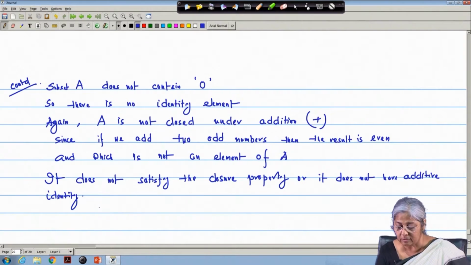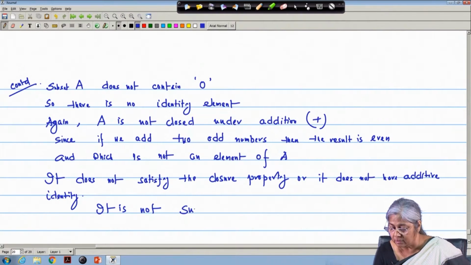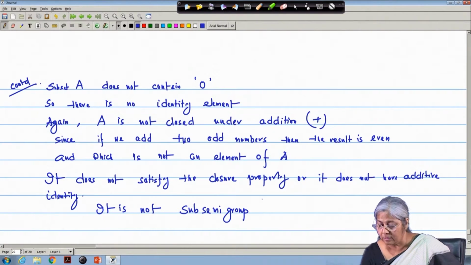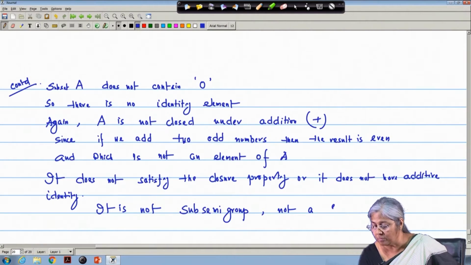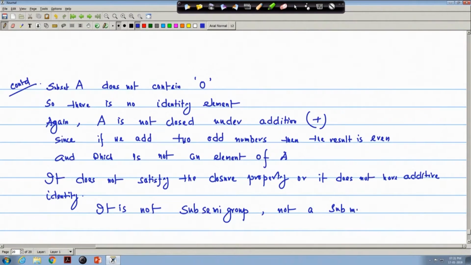So, A is not a sub semigroup, and also not a submonoid.